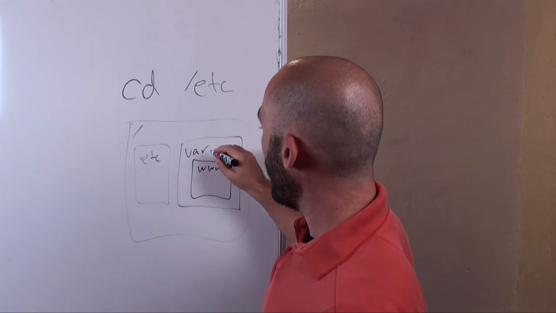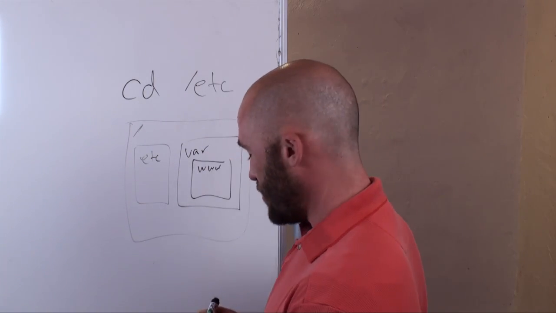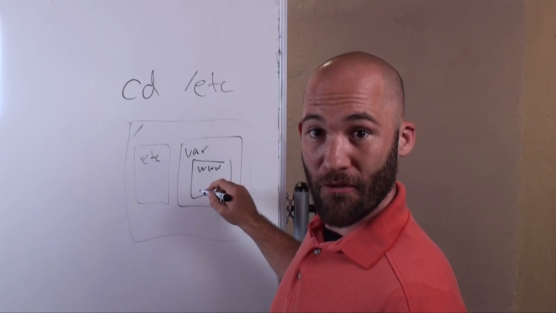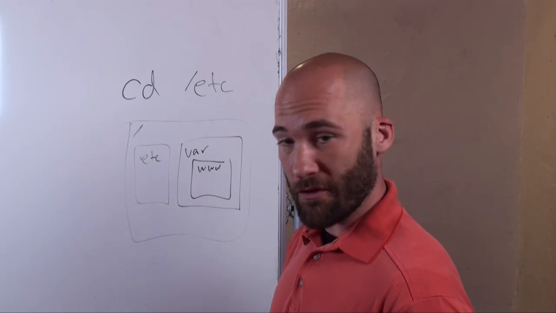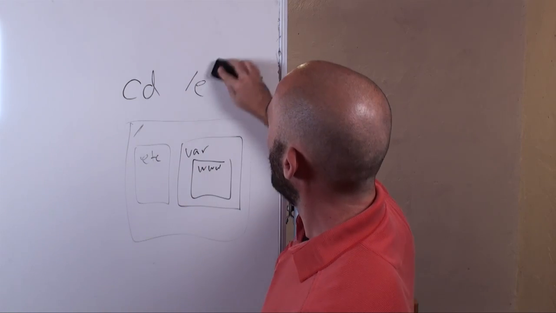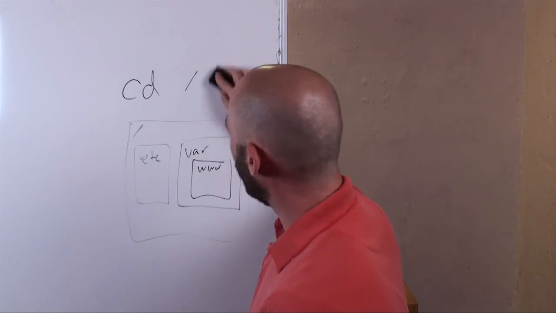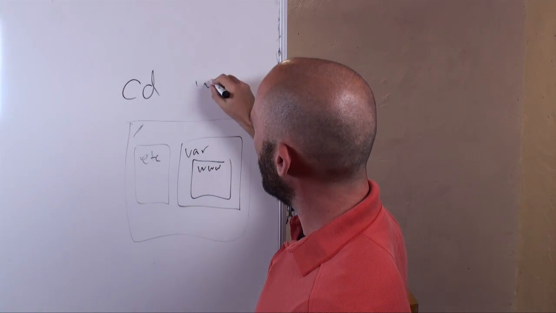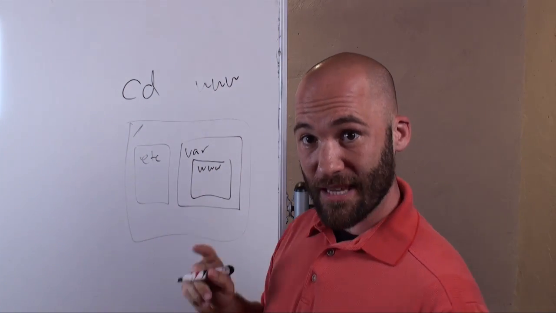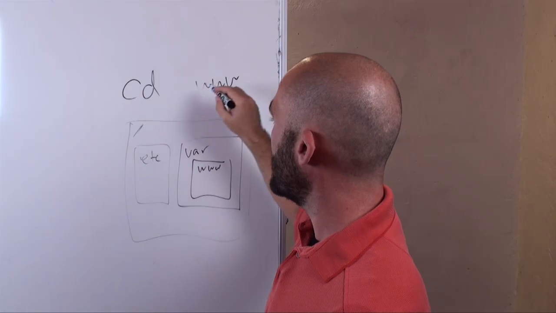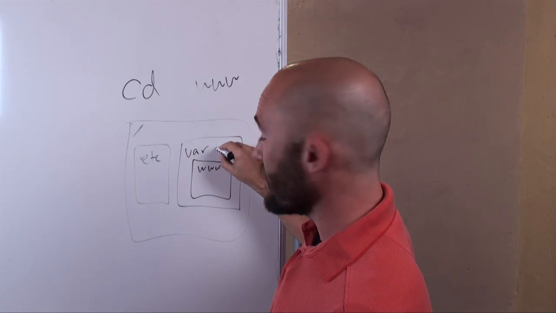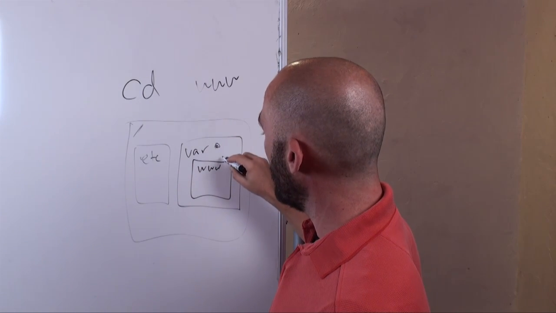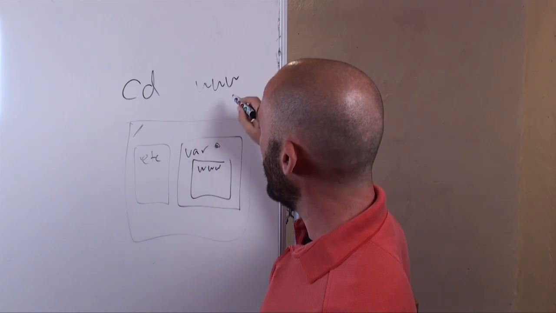If you are in var and you want to go to the www folder, so this is the web root folder in a Linux computer, the command you want to type would be cd space www. That's the command you want to change. Change directory space to www. So you're in var, and you want to go to www. That's how you would get there.